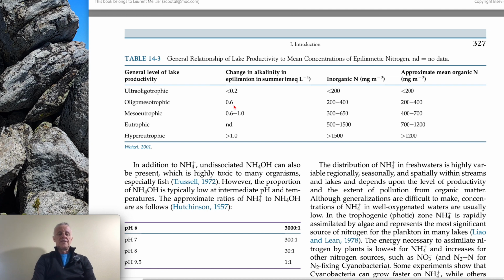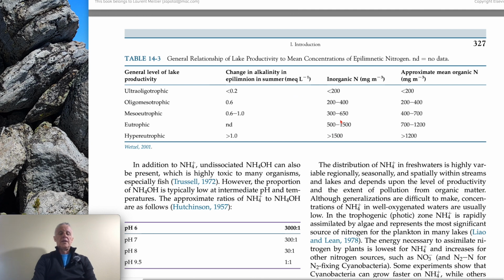Oligomesotrophic, 0.6 in the change in alkalinity in the epilimnion in the summer. Inorganic nitrogen is between 200 and 400, and the same for approximate mean organic nitrogen. Mesoeutrophic, 0.6 to 1.0 in the change in alkalinity in the epilimnion in the summer.